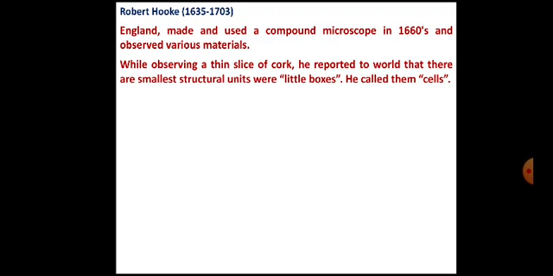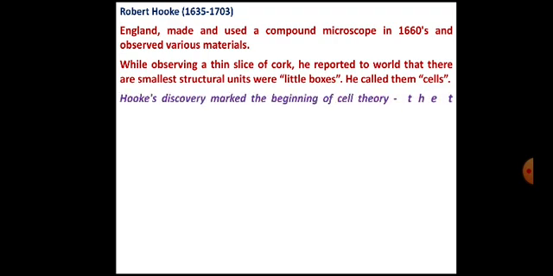When he was observing this slice of cork, he noticed that it consists of little boxes or small compartments. He called these compartments cells, and this was a remarkable discovery.